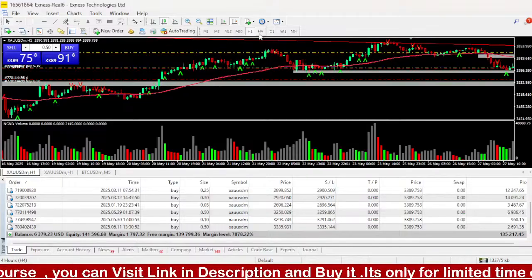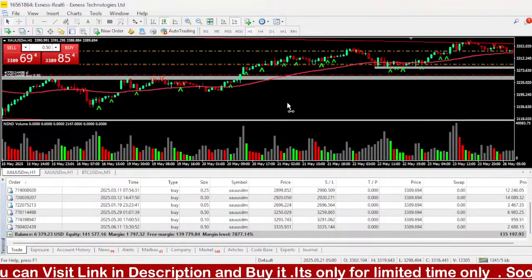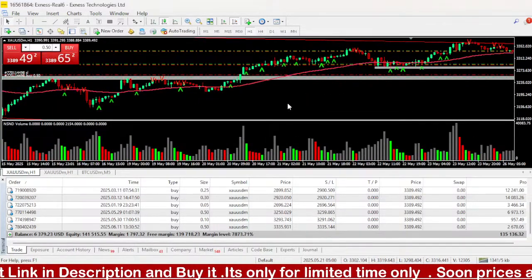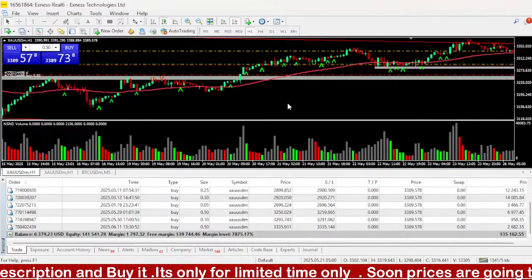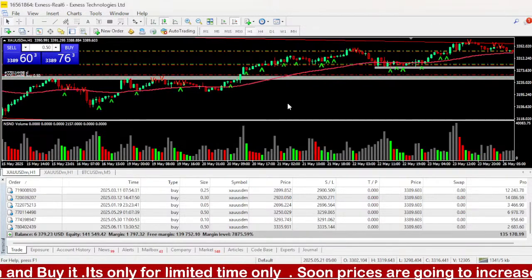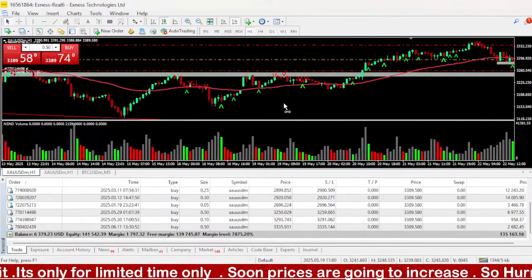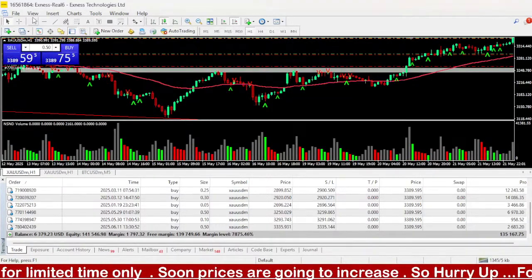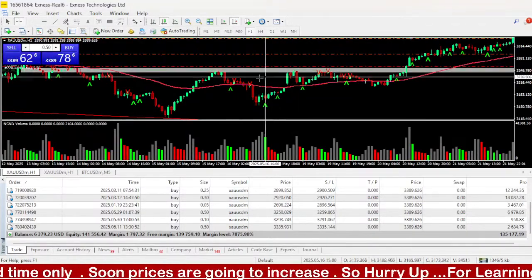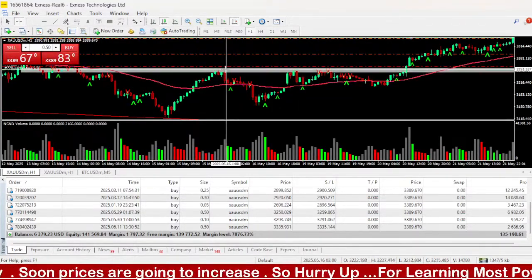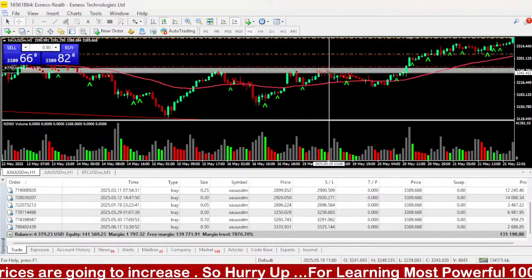Flip zone means that previously it acted as a support, but now it's a resistance, and simply the opposite. For example, if you see here, then this is the flip zone. Why? Because here it was acting as a resistance level.